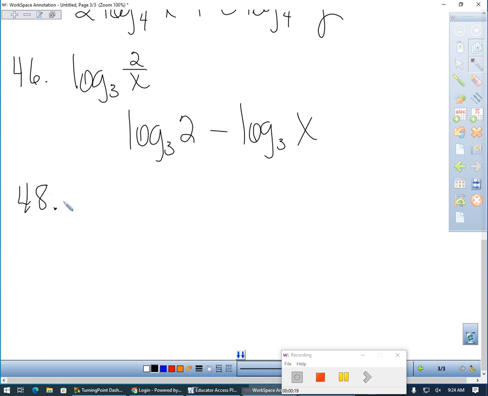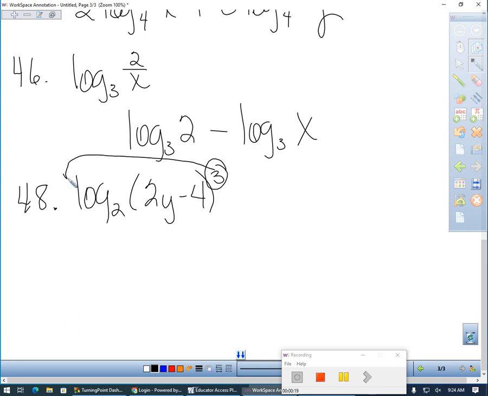For number 48, we have log base 2 of 2y minus 4 to the third power. All right, so for this one, there's only one thing we can really do here. Actually, there's two. So here's one. We can move our coefficient to the front. So we have 3 log base 2 of 2y minus 4.